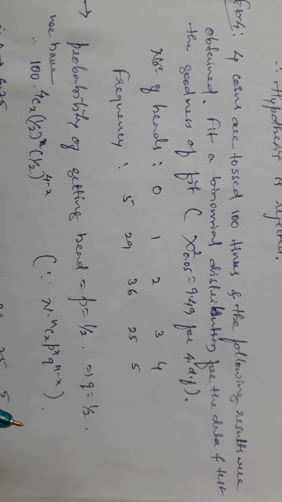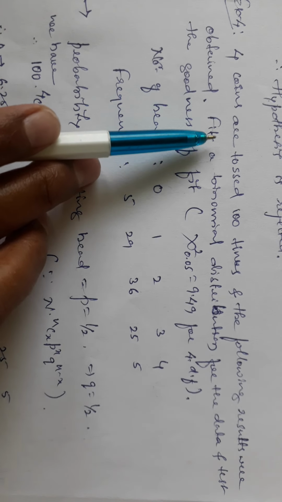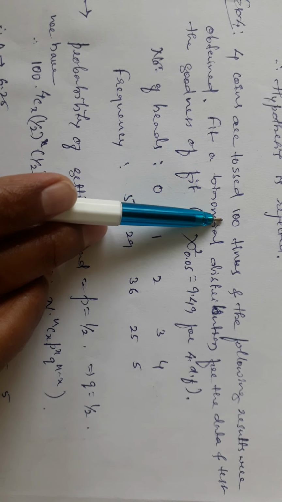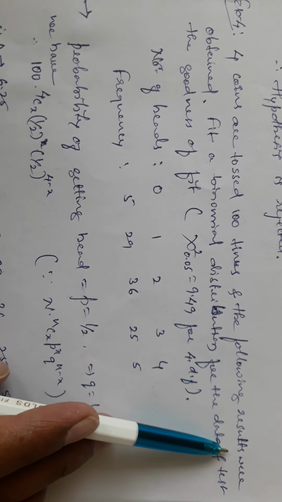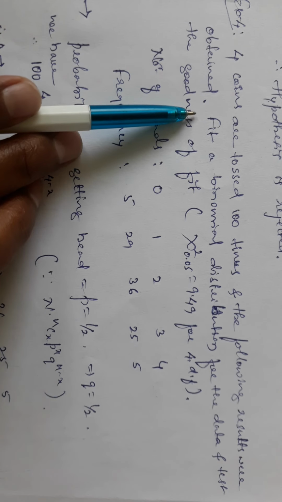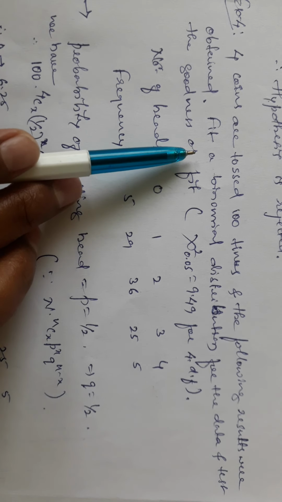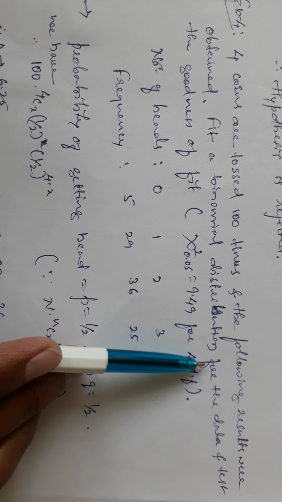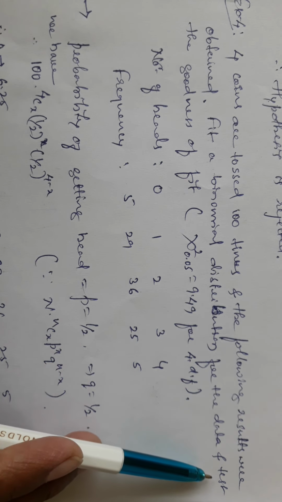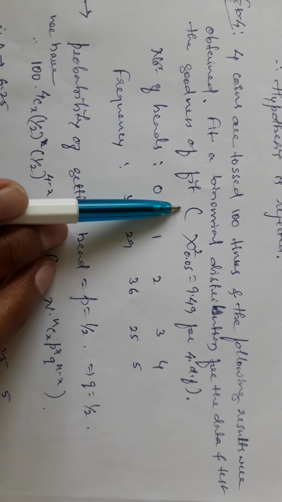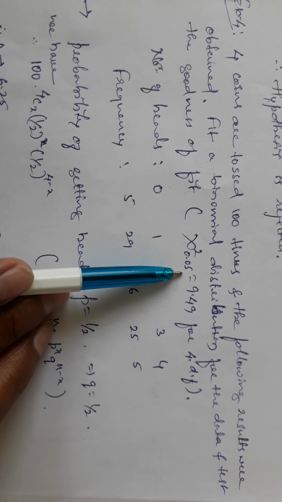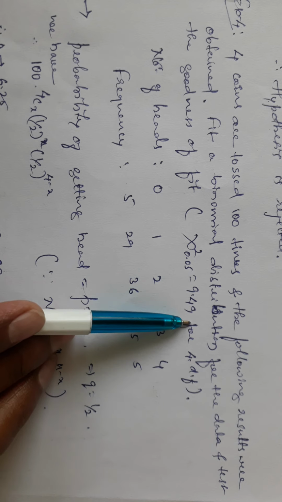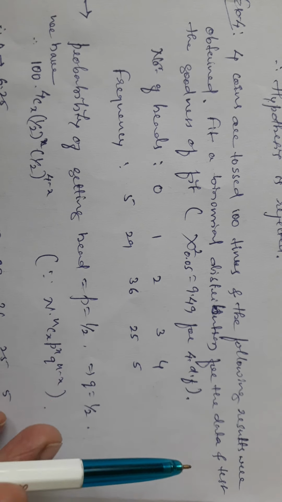Consider one more example. 4 coins are tossed 100 times and the following results were obtained. Fit a binomial distribution for the data and test the goodness of fit. Here the chi-square value at 5% level of significance is 9.49 for 4 degrees of freedom.